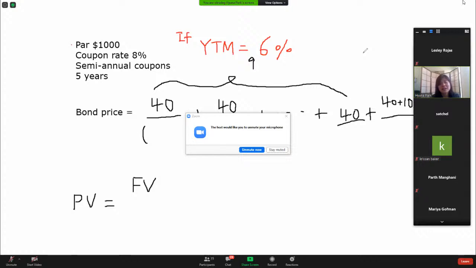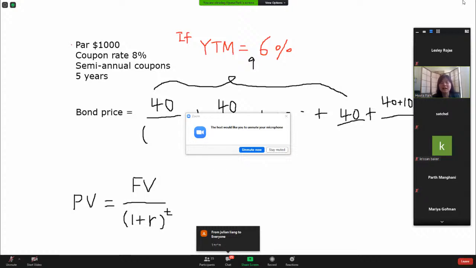So, Julian, it's not 4%. Let's go step by step. How do we convert future value into present value using your chapter 5 knowledge? So what should I write here? 1 plus discount rate R to the power of T, number of periods.